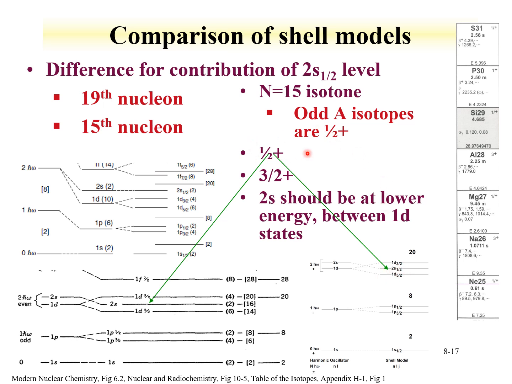So from this, that 2s orbital should be lower in energy when the spin-orbit coupling is considered, and it should be between the 1d states. This is also an example of why one should reference your data and sources.